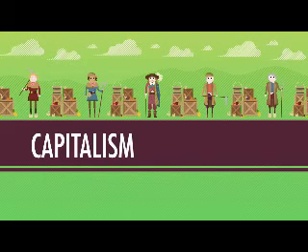How even then the Indian capitalists had to struggle against colonial policies to establish themselves.